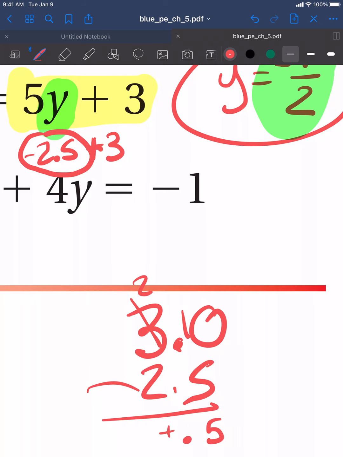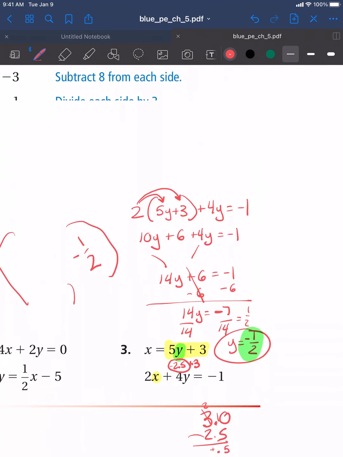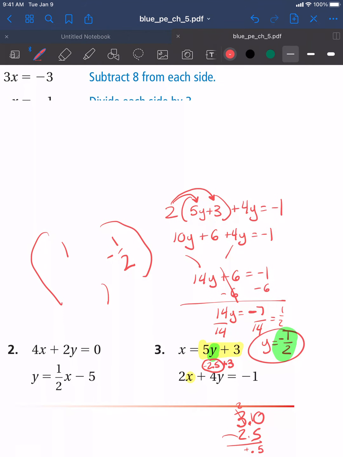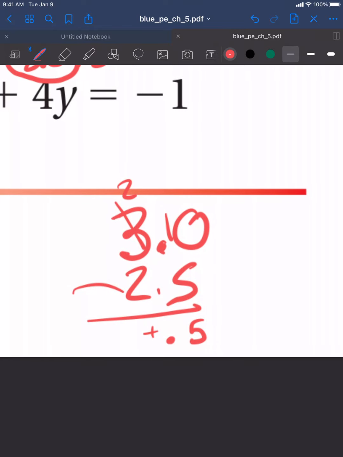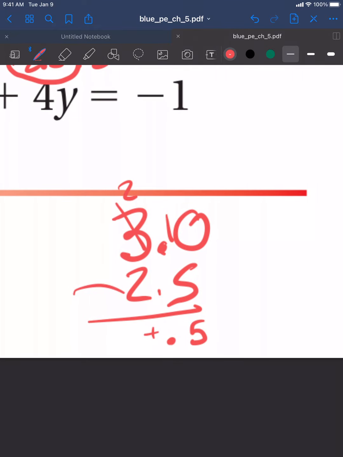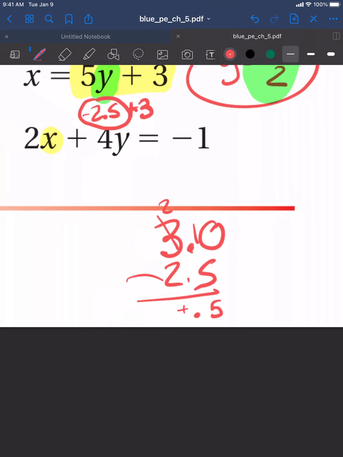We took 3 minus 2.5 and got 0.5, which is positive half, not negative half. So what's my final coordinate? Half comma negative half. 0.5 is the same thing as a half.